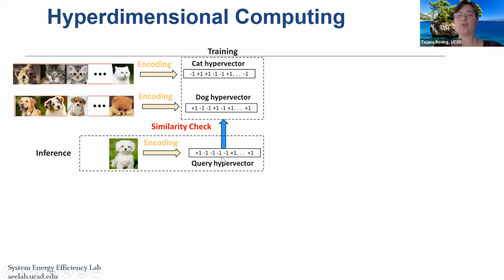And to find whether this query matches one of the classes, all we're doing is just comparing the similarity between them. And if we're using binary representation, this is super simple. It's just Hamming distance. So whichever one is closest Hamming distance-wise, in this particular example, it would likely be a dog hypervector that would be selected. So all of these operations, it turns out, you can implement in memory and in storage.